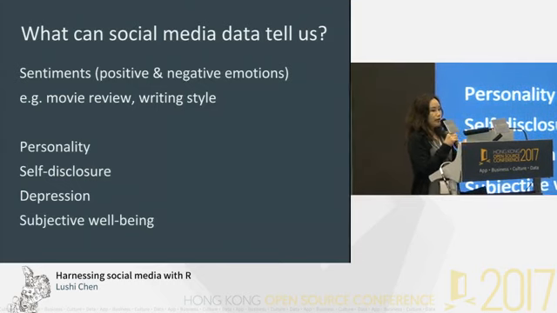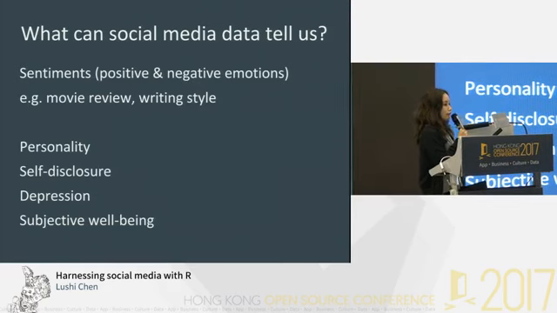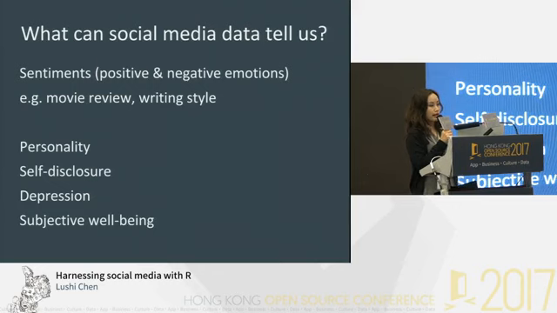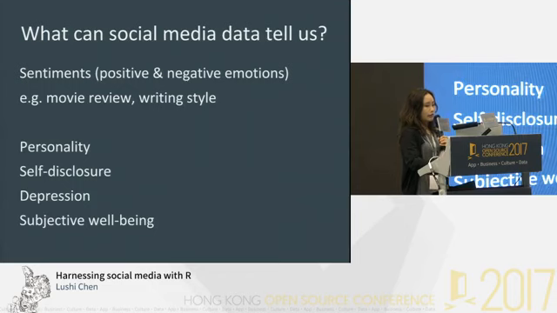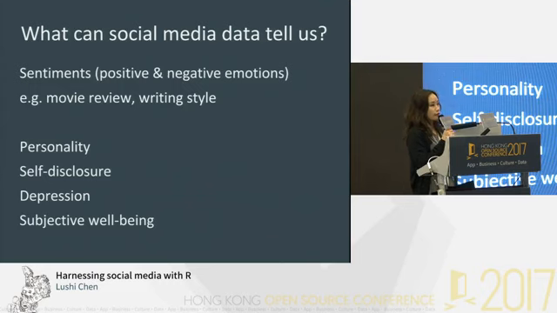So how can social media data reflect your personality? Think about what you like on Facebook. Someone with an extroverted personality will particularly like something more. And self-disclosure: think about someone who likes to disclose. Well, there are different levels of self-disclosure. So if you disclose your financial issues, your personal problems on Facebook, that means you have a higher self-disclosure level.